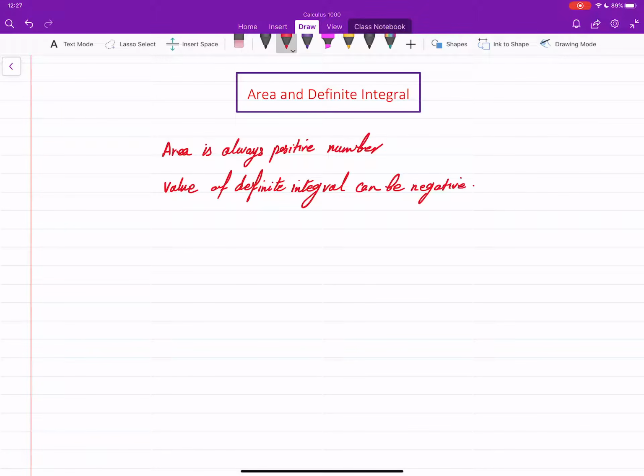So this right away tells me that a definite integral is not just the area. You have to be careful. It has sign. It can be positive or negative.